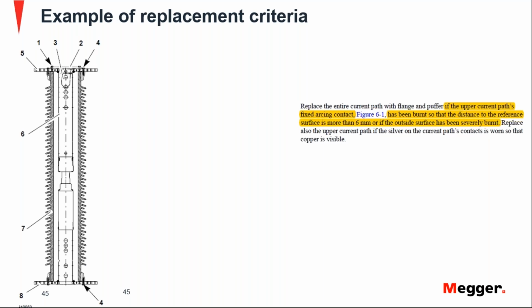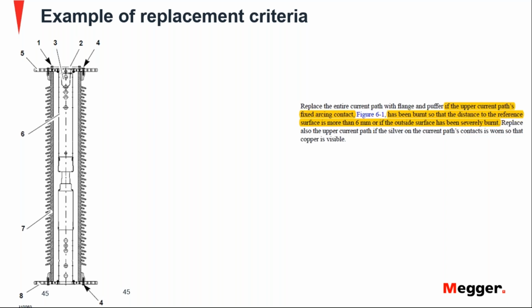In this case, for example, the manufacturer is indicating that if the upper current path fixed arcing contact has been burned, so the distance to the reference surface is more than 6 millimeters, or it is outside of the reference surface, then it has to be replaced.